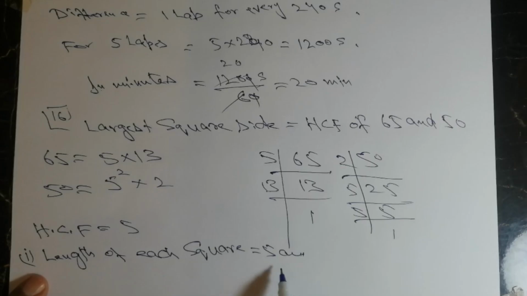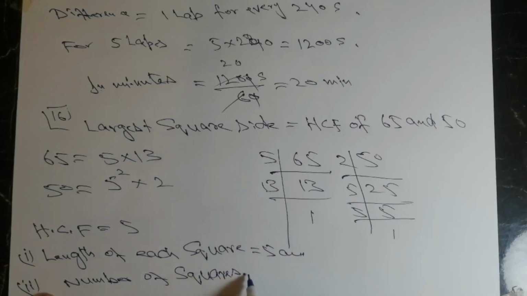So length of each square is 5 centimeter, and part 2 is how many squares can be cut altogether. So part 2 is number of squares equal to 65 over 5 equal to 13, and 50 over 5 equal to 10.